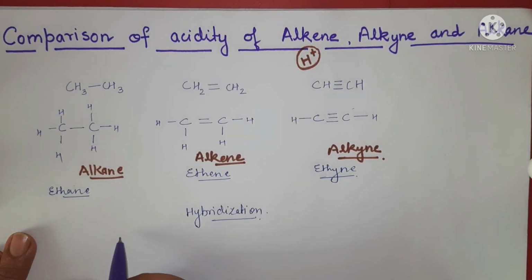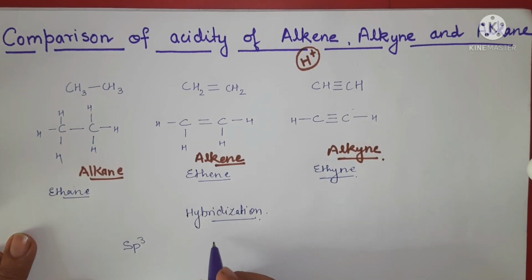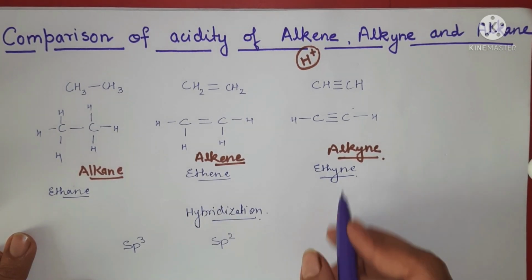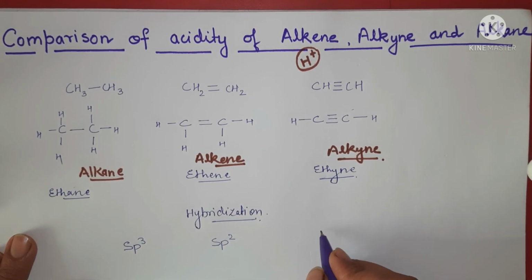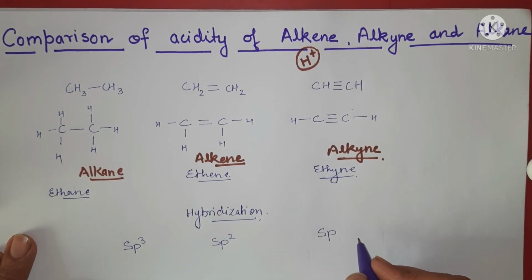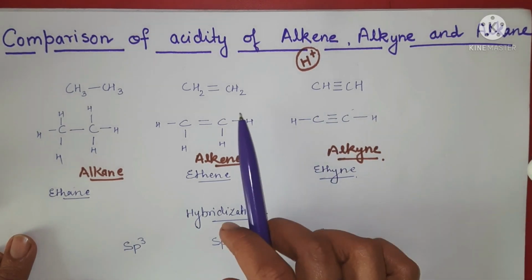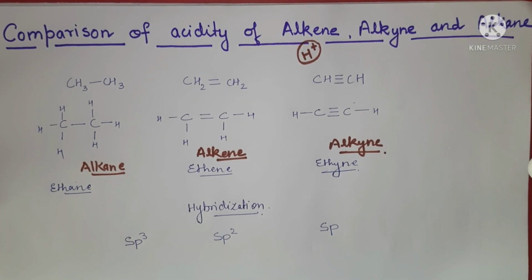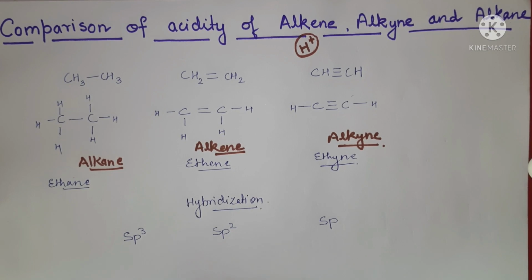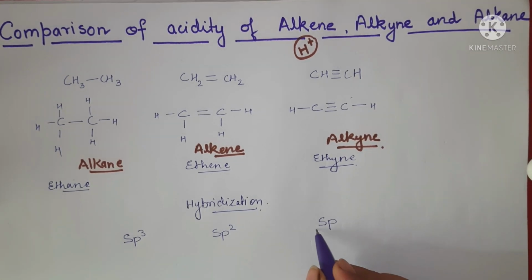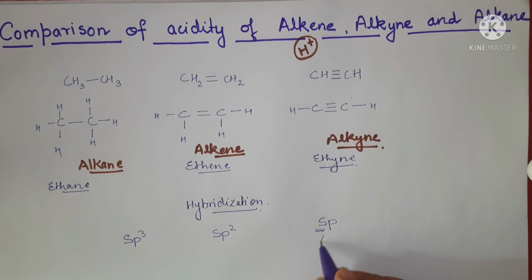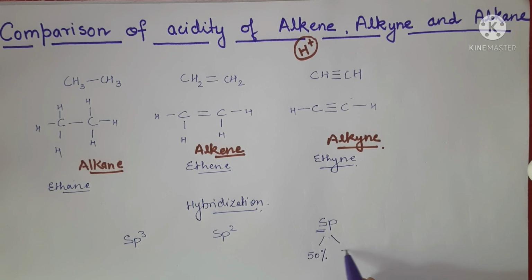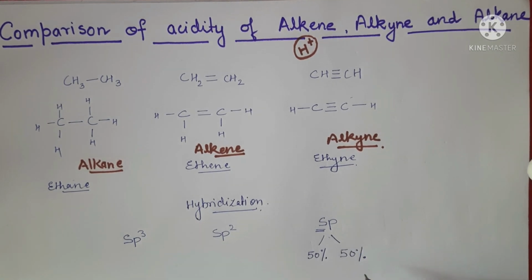As you know, alkane has sp3 hybridization, alkene has sp2 hybridization, and alkyne has sp hybridization. The carbons in these molecules have this hybridization, and it leads to a concept you need to know: here the involvement of S is around 50%, and P is also 50%.